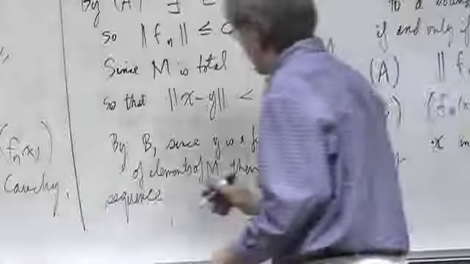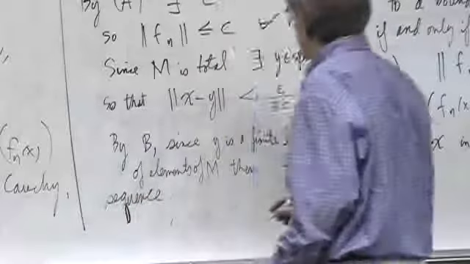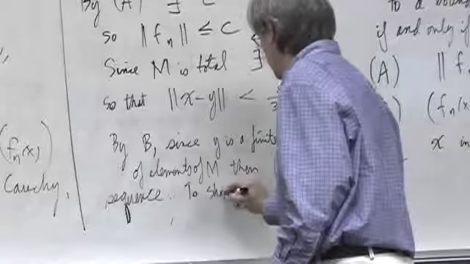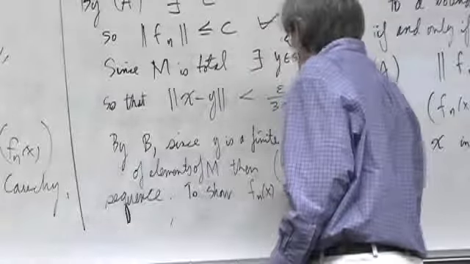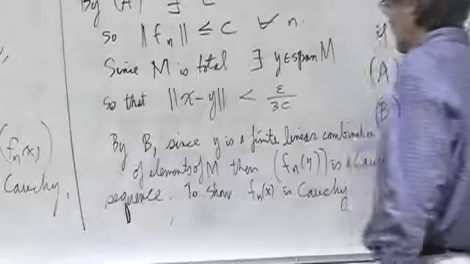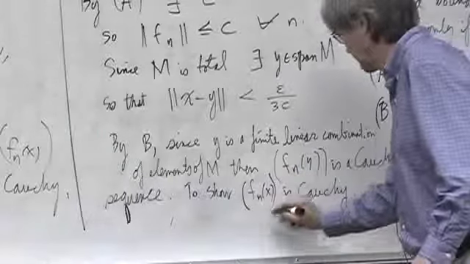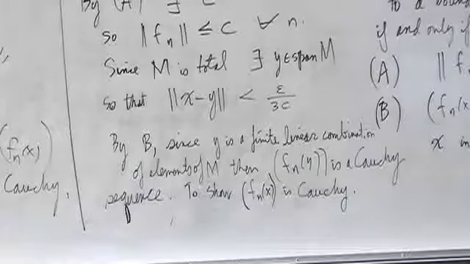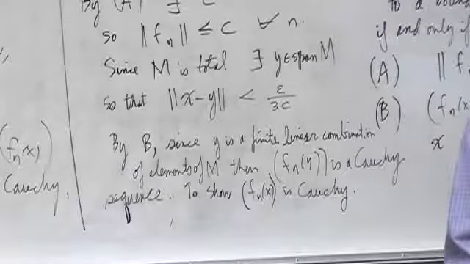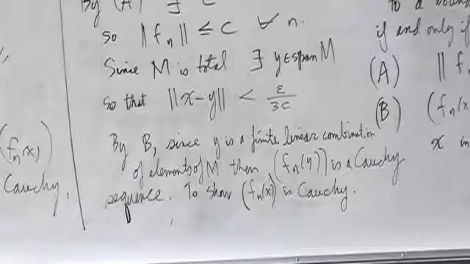Then I'm going to define f by taking the limit of that sequence and call that f of x. Then it's going to follow that it's actually a linear functional. The linearity will be trivial because Fn are linear. And the fact that its norm is finite is going to fall out in the wash here.